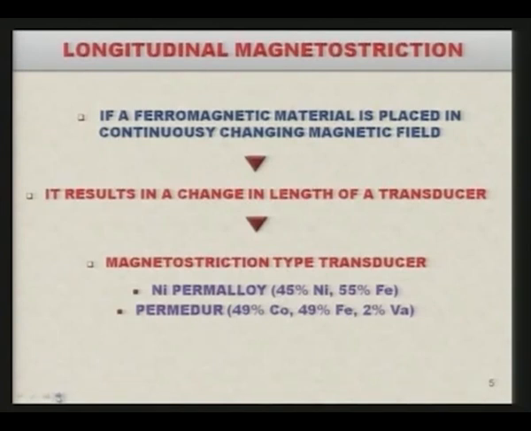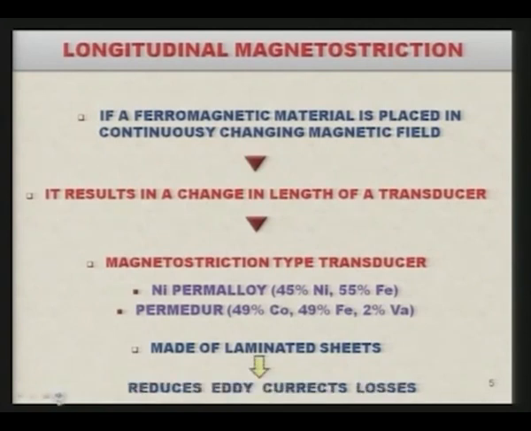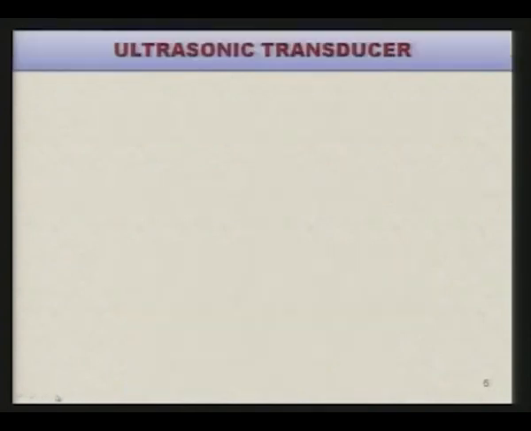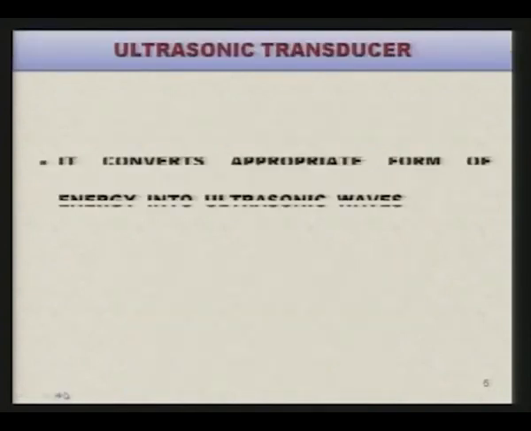Then there is permendur, which consists of 49% cobalt, 49% iron and 2% vanadium. Normally these transducers are made of laminated sheets, because it reduces the eddy current losses.